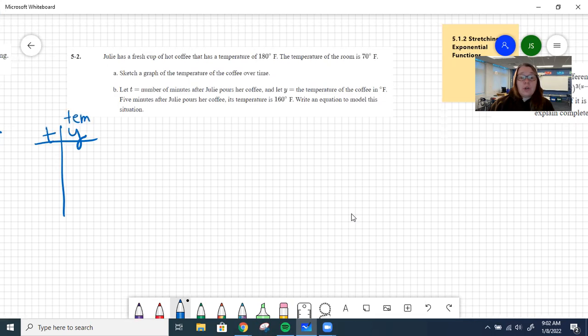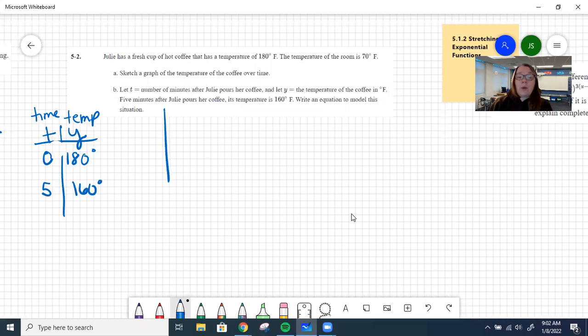So this is temperature and this is time. 5 minutes after Julie pours her cup of coffee, it's 160 degrees. Write an equation to model the situation. So after 0 minutes, the temperature is 180 degrees. But then after 5 minutes, it's 160 degrees.